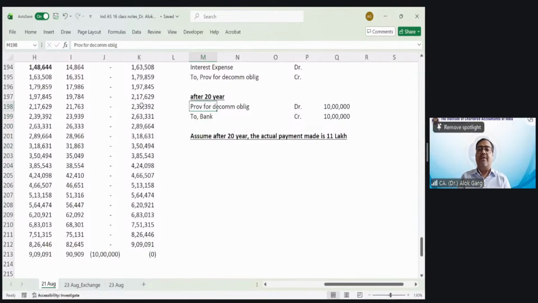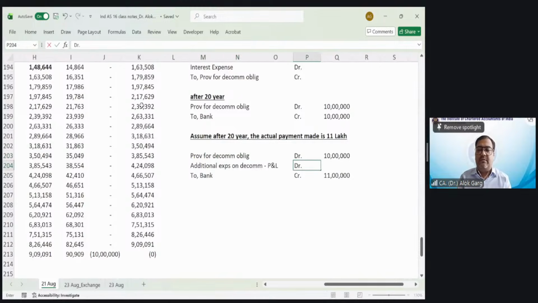Provision for decommissioning obligation account debit 10 lakh, to bank 11 lakh. Right. So then there is an additional expense on decommissioning in P&L. The difference will go to the P&L.